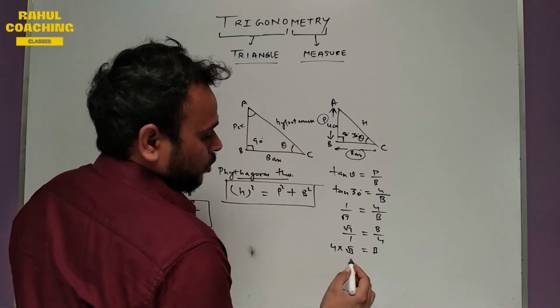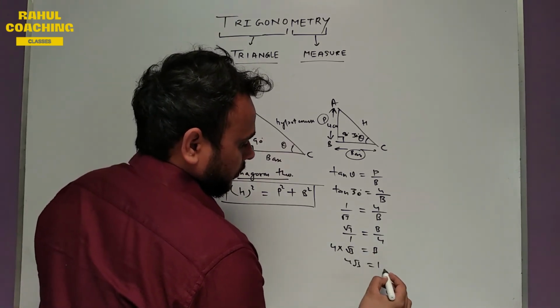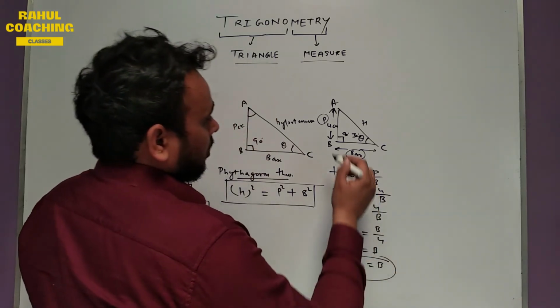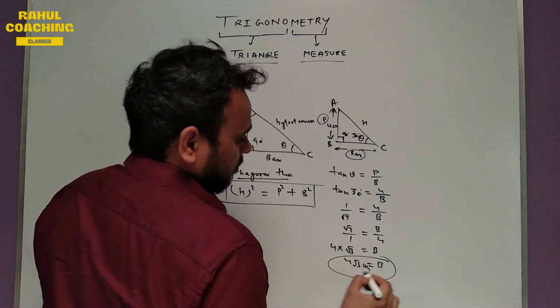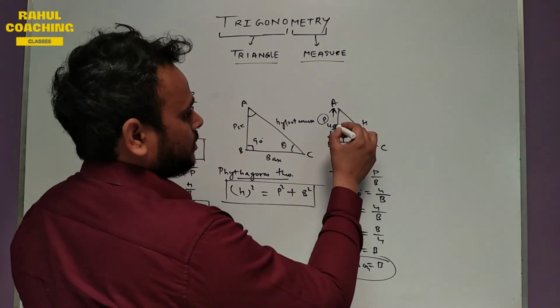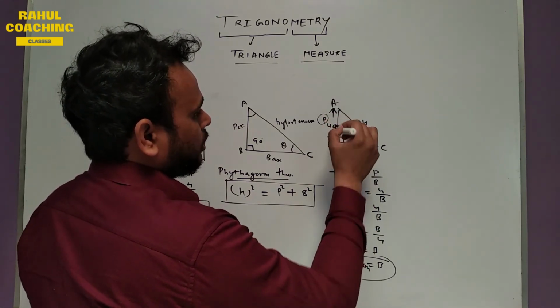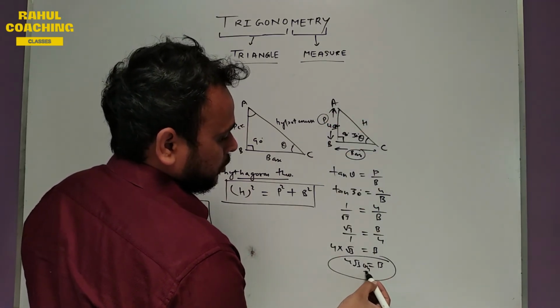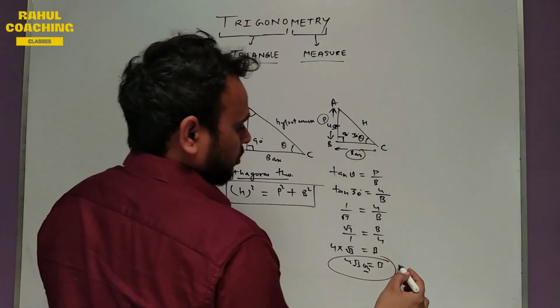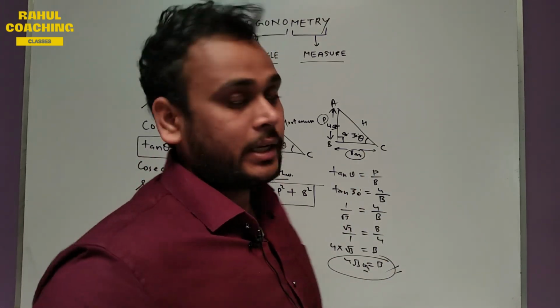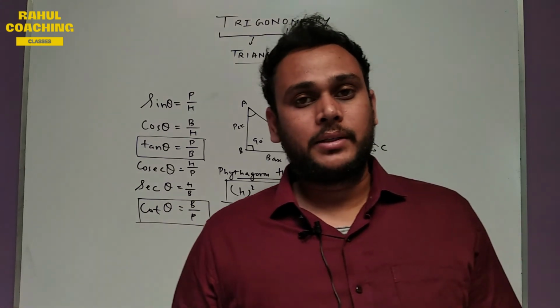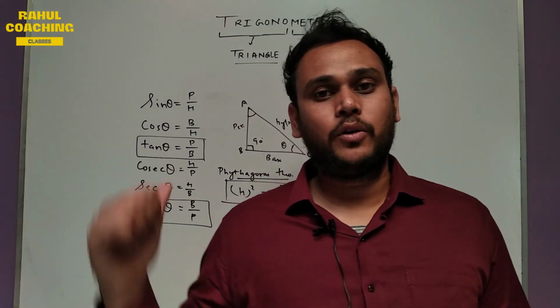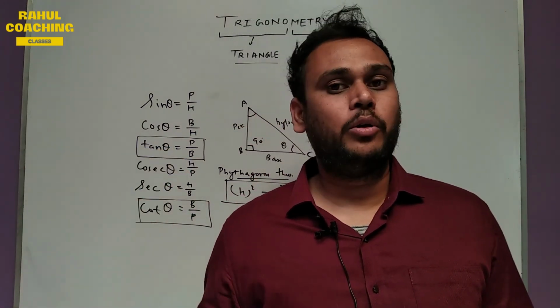B equals 4 root 3 centimeters. Since the side of the perpendicular is given as 4 centimeters, you should put the unit centimeter. So you can see that I can easily find the value of the base, that is 4 root 3, by using this formula. This is all about trigonometry.